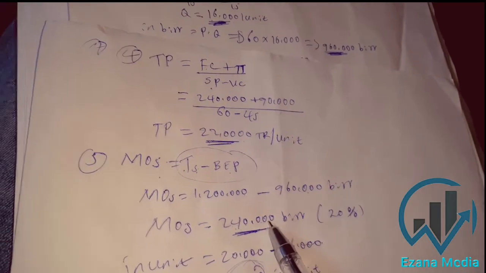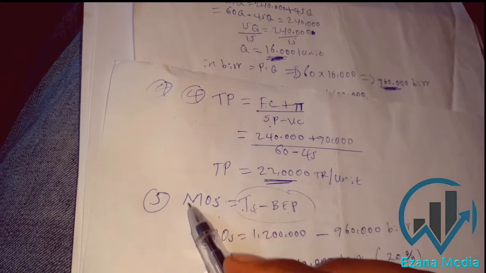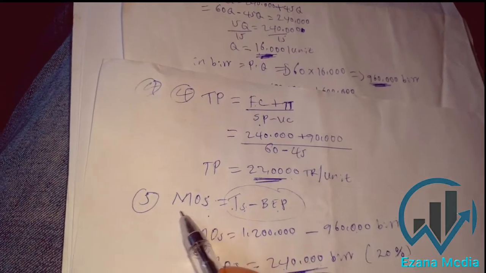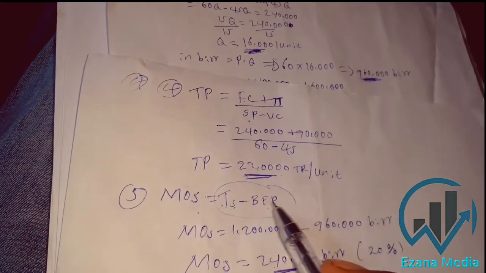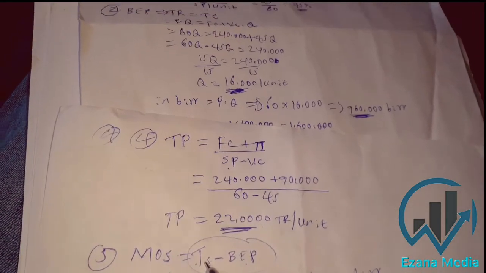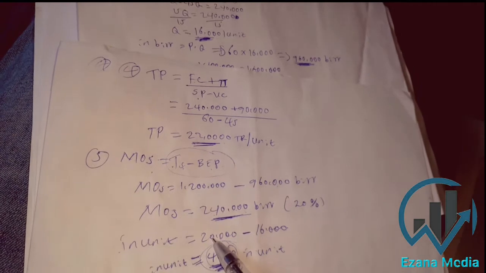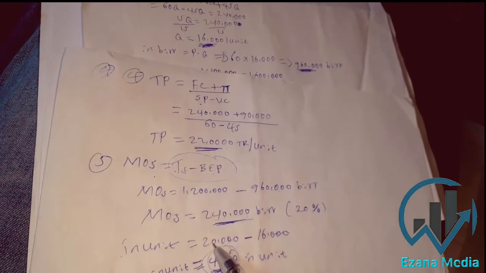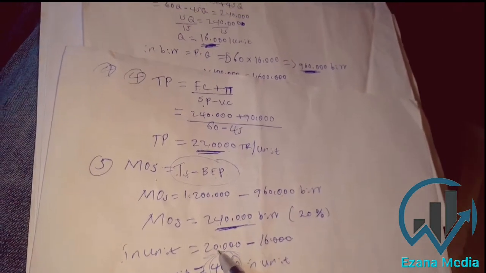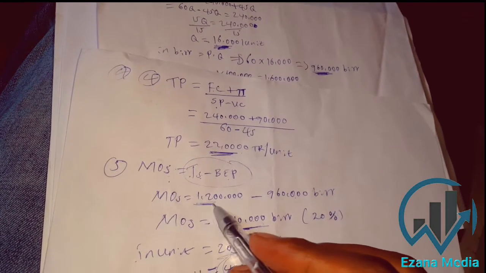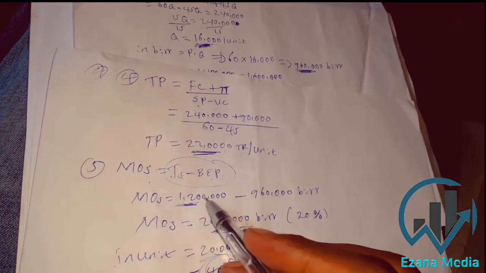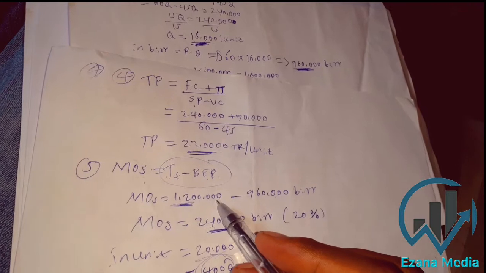The formula says MOS equals total sales minus break-even point. Total sales is 1,200,000.